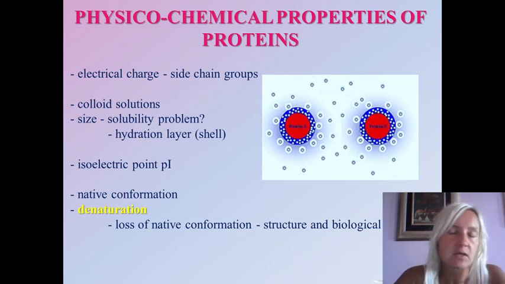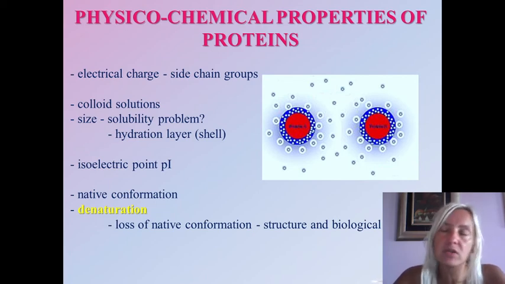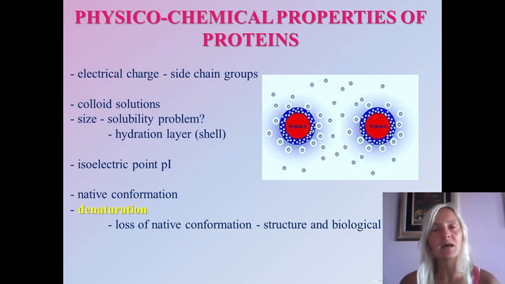So there is a question whether the size can represent a solubility problem for proteins. We might say yes, but on the other side, we have a lot of body fluids in which numerous proteins are nicely and pretty stably dissolved in that aqueous medium.